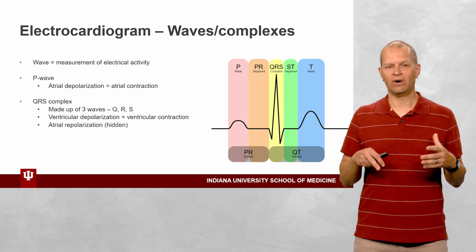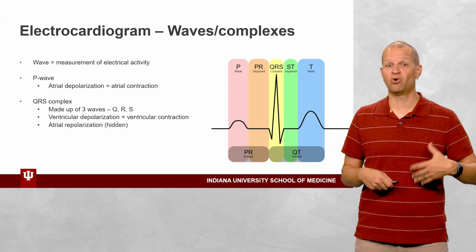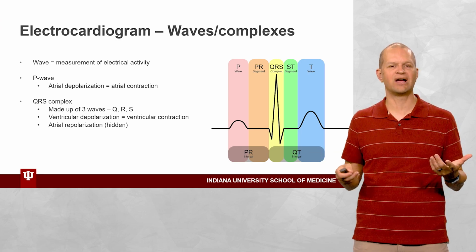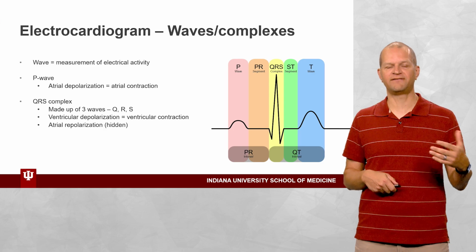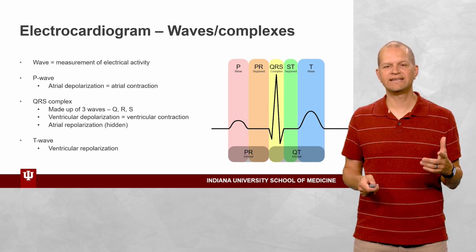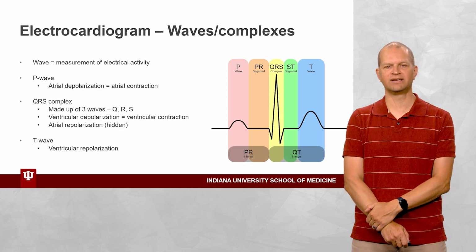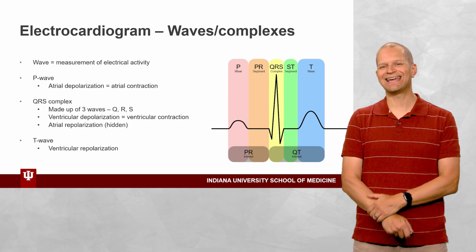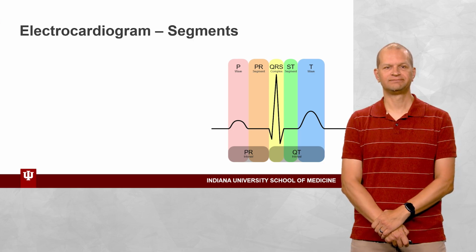Okay, and so what happens there is there's just a lot more ventricular muscle, so there's more electrical activity, so it essentially drowns out or prevents us from being able to see the effects of atrial repolarization. Then you've got the T wave, and so the T wave is ventricular repolarization. So this is when contraction's ending and the ventricle is beginning to repolarize or relax.